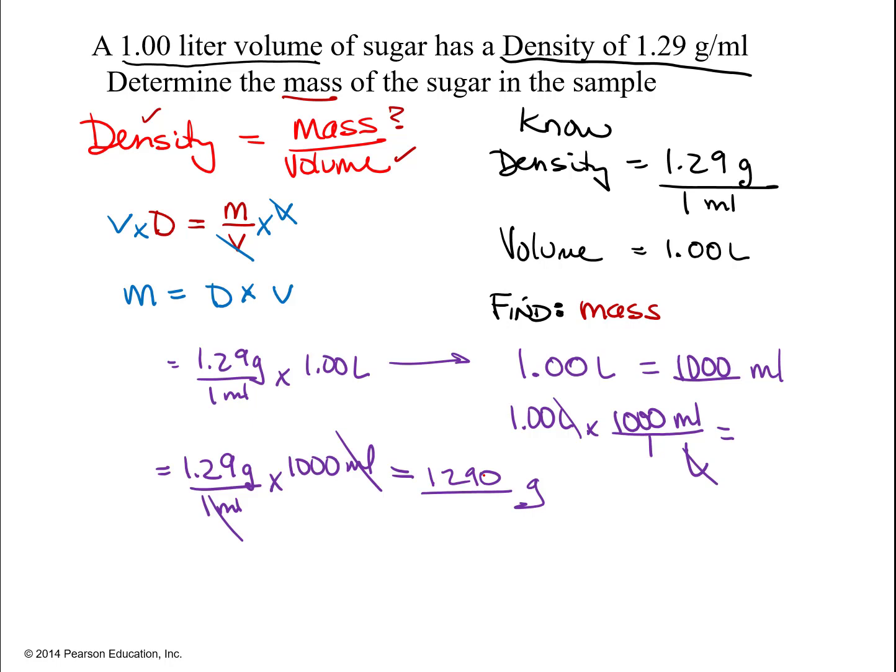Okay. So now always last step, go back up. How many significant figures in 1.00 liters? 3. Okay. Density only has 3 significant figures, but density is like a known number. It's not a measured value. The only measured value in my problem is that 1.00. Because this would be considered like a reference value. Density comes from a table, so I would look it up in a book.